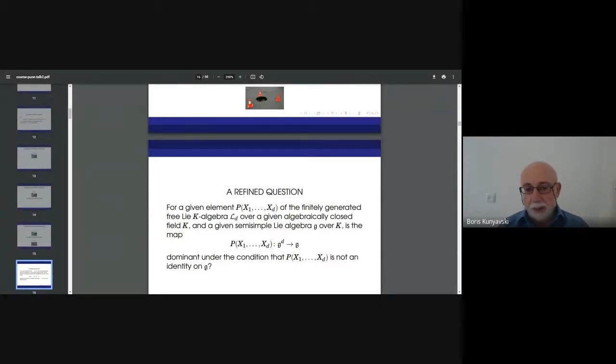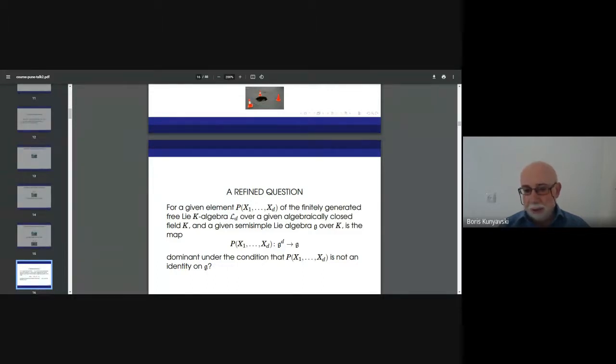You take into account that these expressions satisfy only the laws which hold in any Lie algebra. So anti-commutativity, [x, y] equals minus [y, x], and the Jacobi identity. So no other relation.